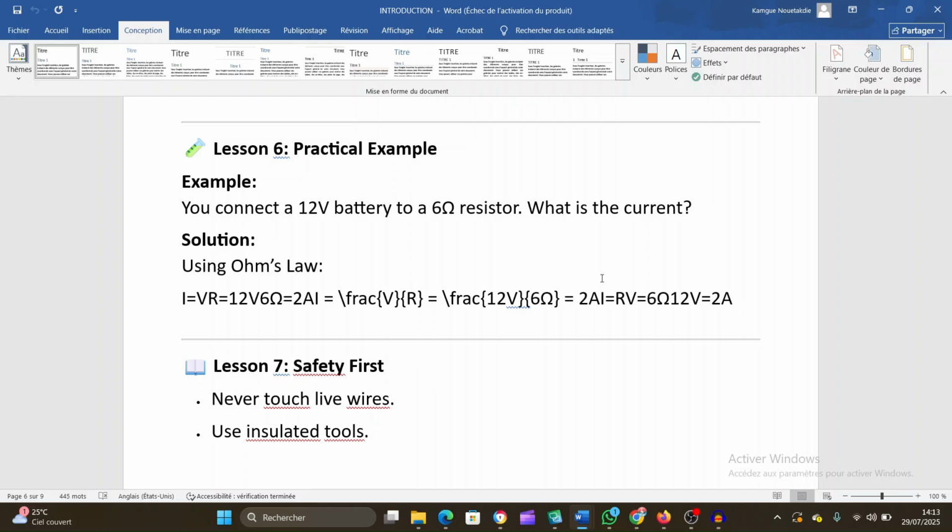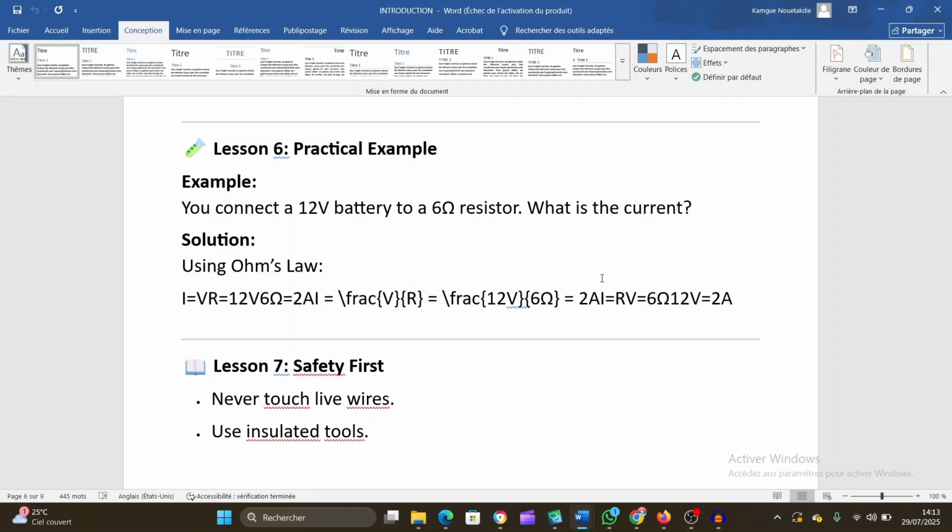So keep in mind that in this field, safety is very, very important. We can't close this introductory lesson without talking about safety. Safety first. Keep it first.